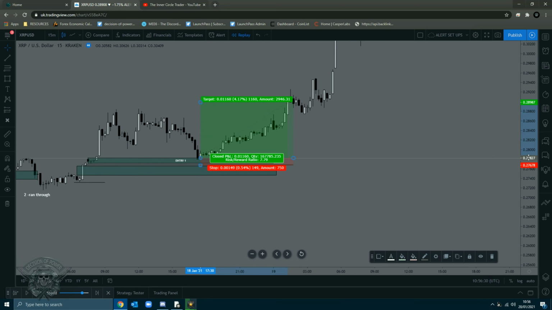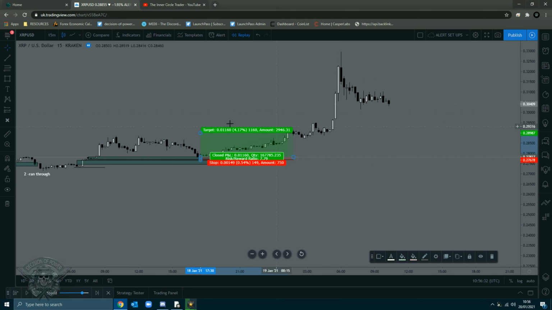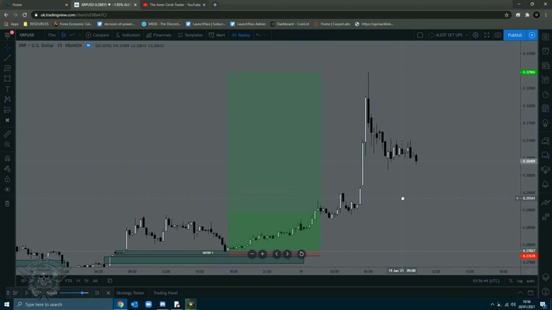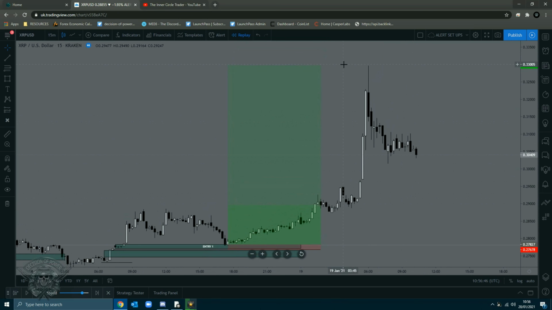And as high as the market did go, the peak of just that first push would have been a 34.48 to 1. So if you're risking 1% on that trade, that would have been a 34% gain on your account.